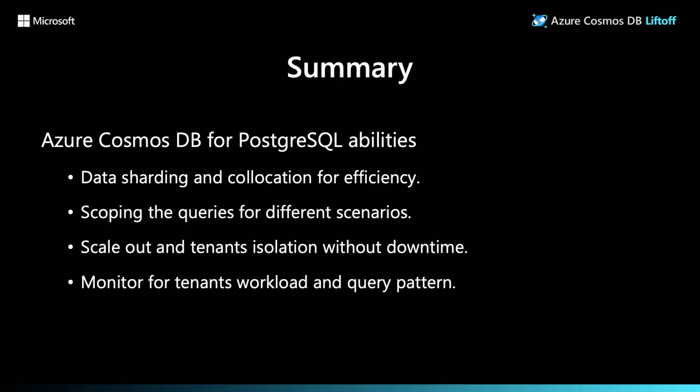We also looked at some of the SaaS query patterns and learned scoping of queries for multi-tenant use cases, which allowed us to use the cluster resources more smartly and efficiently. We also experienced scaling out the cluster and then performed tenant isolation to the newly added node.